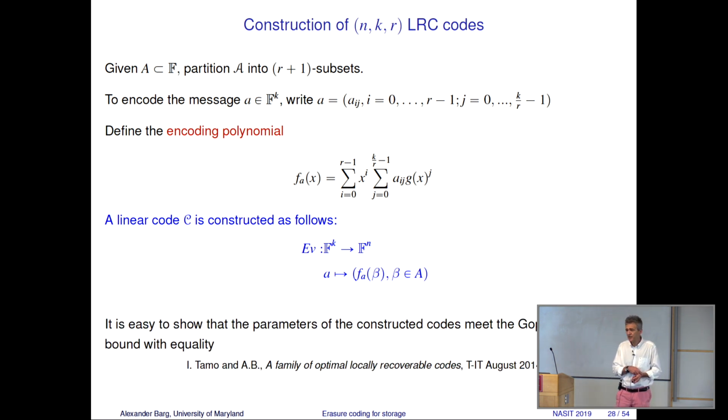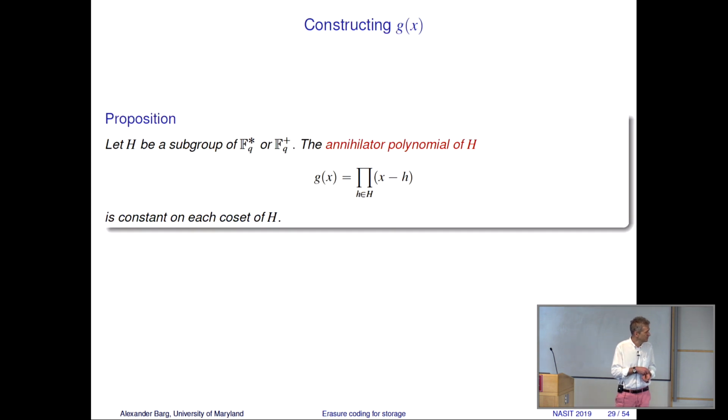It is easy to show that the parameters of the constructed code in general meet the Gopalan et al. bound with equality, and this is all in our work with Tamo from 2014. So that is how you solve the question of constructing optimal locally recoverable codes over fields of small cardinality: Reed-Solomon-like codes, subcodes of Reed-Solomon codes. This is a remark on how to construct polynomials that are constant on little subsets.